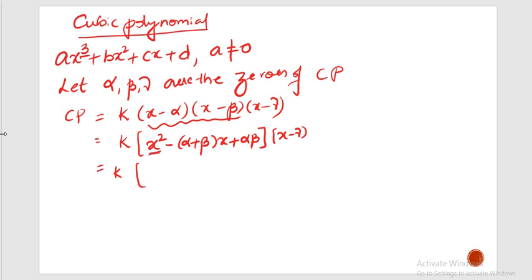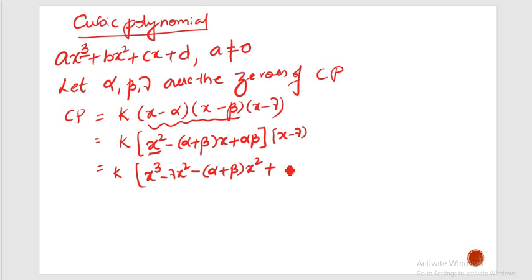First of all, multiply x square with everything. So x square into x is x cube, x square into gamma is minus gamma x square. Next I multiply minus alpha plus beta into x with this. Then I get minus of alpha plus beta into x square, and minus into minus is plus, so I get alpha gamma plus beta gamma, into x also.